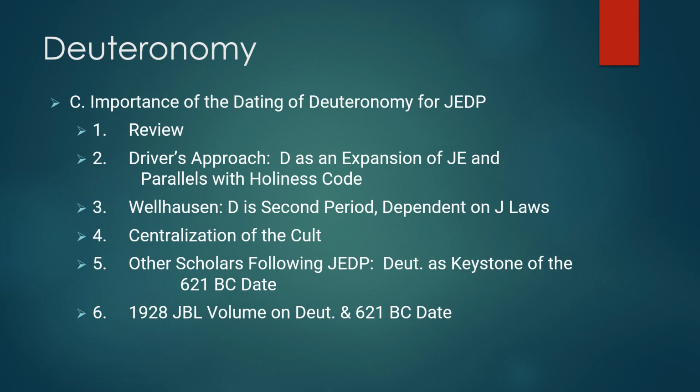There are a number of articles on this, and I have these in your bibliography. If you look under Introduction and Criticism, bottom of page 1 of that bibliography, and on over to the following pages, you'll notice there's an article on page 2 by G. Dahl, D-A-H-L, and the article is "The Case for the Currently Accepted Date of Deuteronomy," in the Journal of Biblical Literature, volume 47, 1928.